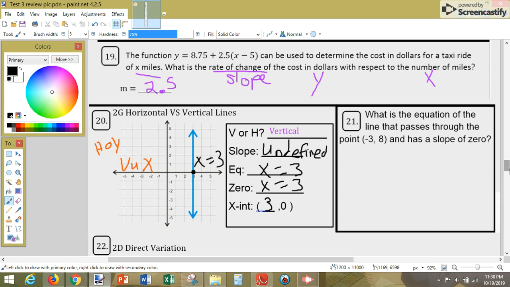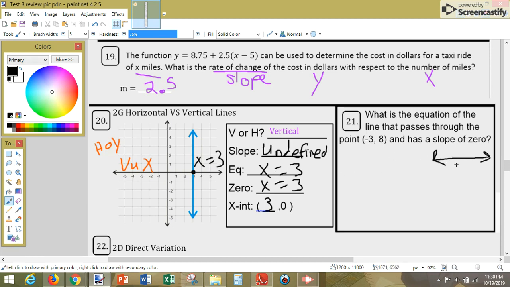What is the equation of the line that passes through the point negative 3, 8? It has a slope of 0. So on number 21, if it has a slope of 0, we know it is a horizontal line. Hooy-Vux. Horizontal, 0 slope, y equals.